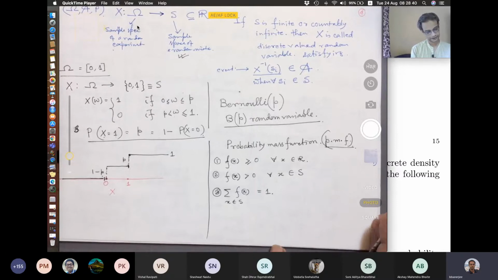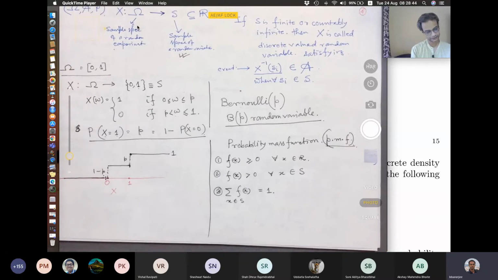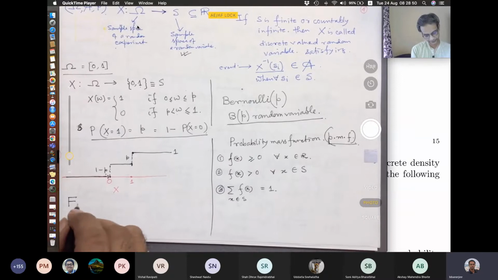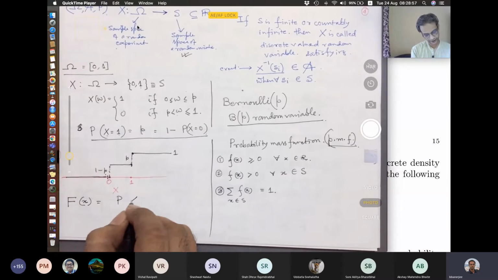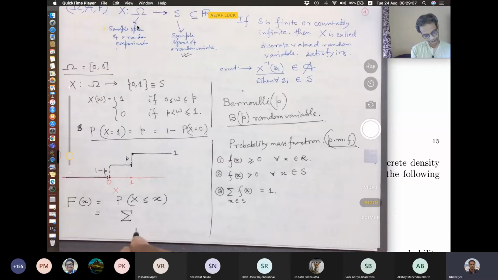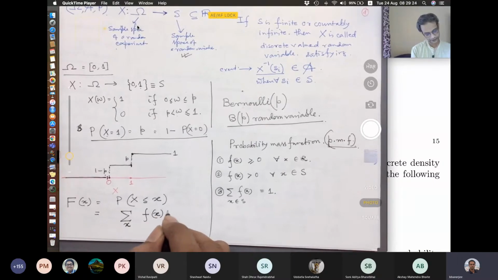And from here, with this example, it is pretty clear that the CDF F(x), which is probability X less than or equal to small x, is nothing but a sum of f(x), then I can write it as an indicator function.